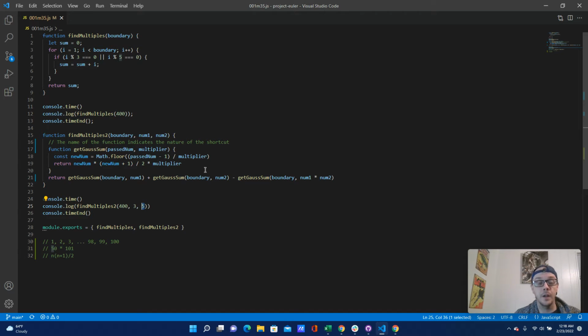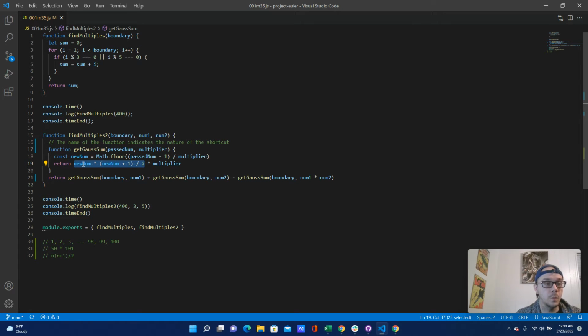And then when you're done getting the Gauss sum, you can multiply it back in, and you can get around that issue. So that's what we're going to do right here. And you can see this is the Gauss sum right here that I've just described.